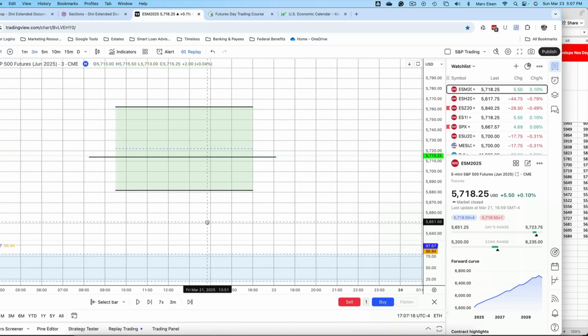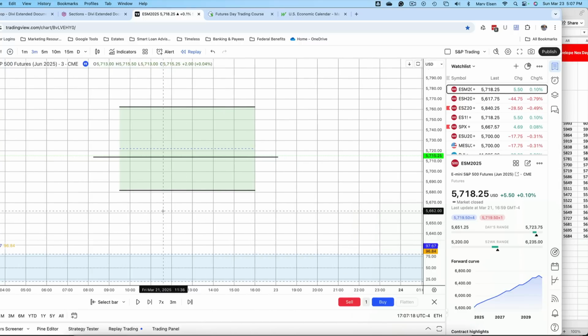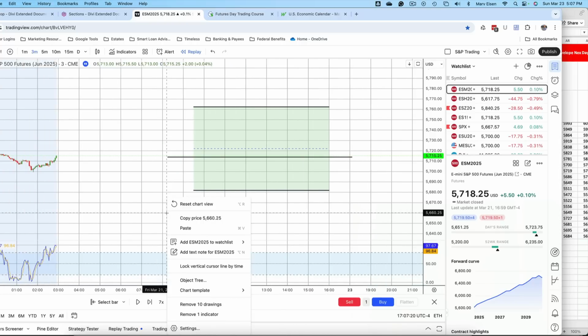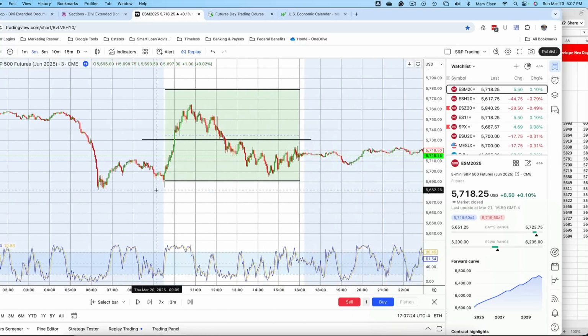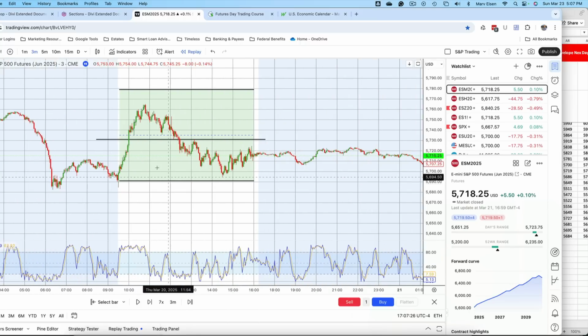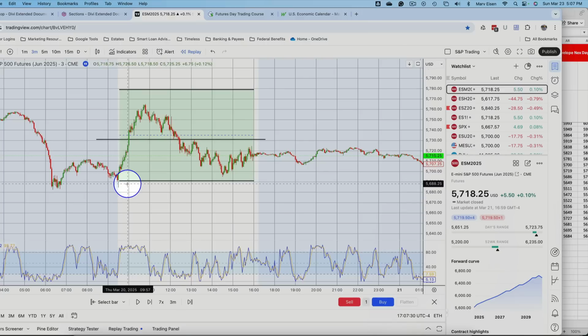So let's go back to Thursday. I'm going to go back to Thursday, if my computer cooperates. Okay, here we go. And this was Thursday's trading. Market prices started up. And again, I drew my Taylor trading zone out using the calculator.